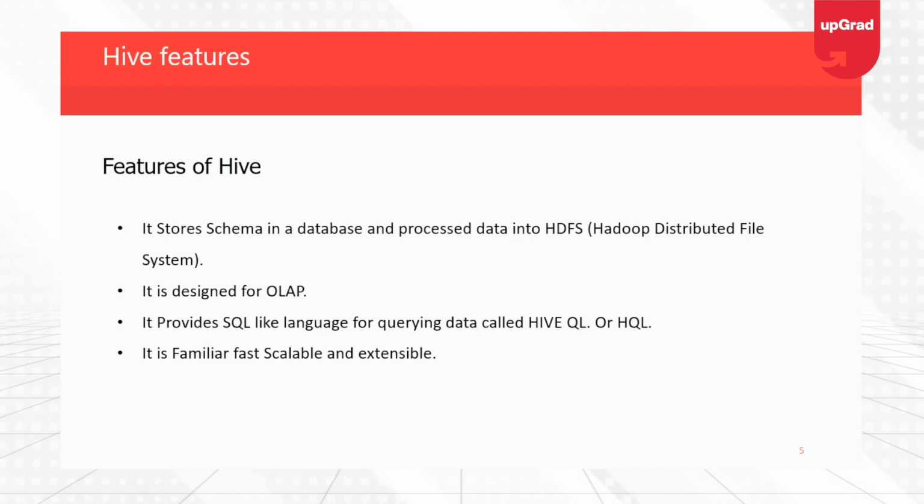Now there are various differences in the working of Hive and the working of an RDBMS. RDBMS works on a single system, standalone architecture, whereas Hive executes on top of Hadoop, which enables distributed processing.